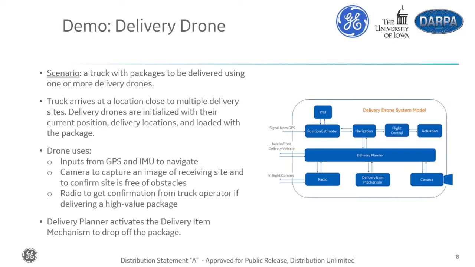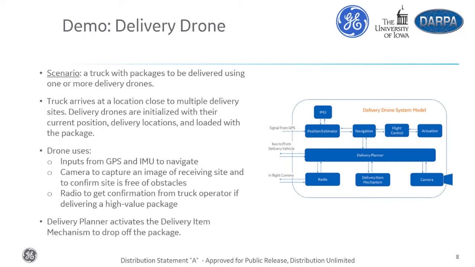The key architectural components in the drone: there's an IMU GPS system that's going to calculate position. There's a navigation function, flight control, flight actuators. There's a delivery planner function. There's a radio, a delivery item mechanism, and there's a camera. The idea is that the drone will get the address and have a route to fly to drop off the package.